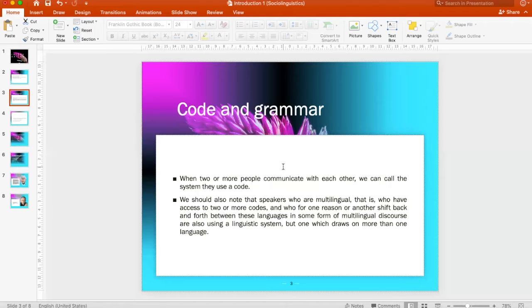We should also note that speakers who are multilingual have access to two or more codes. So when you know more than one language, you always try to translate.